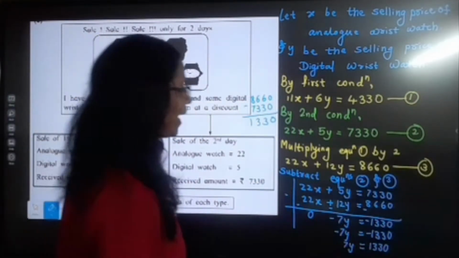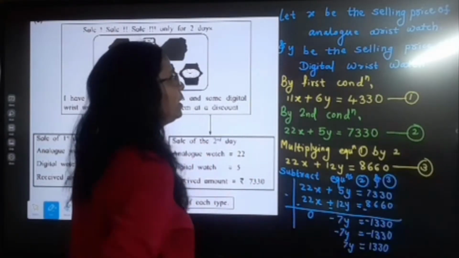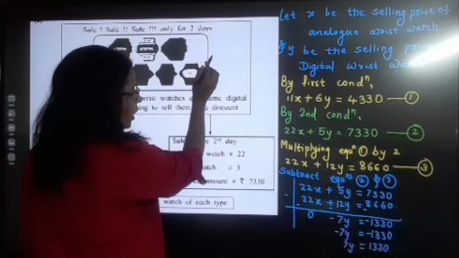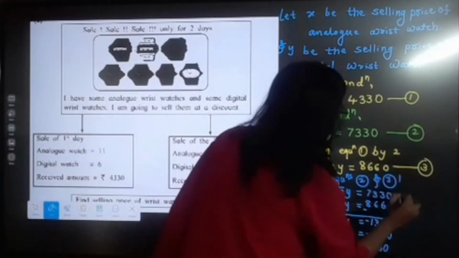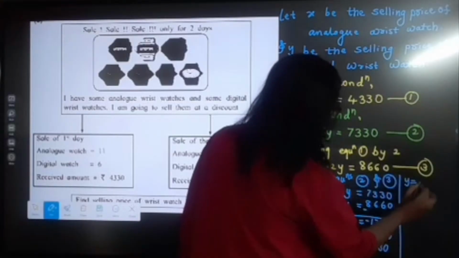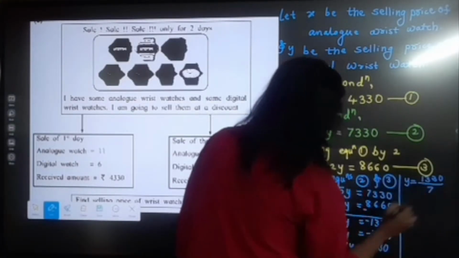Okay students, I write down the remaining part at this place. Here is the sum place. So y is equal to 1,330 divided by 7.